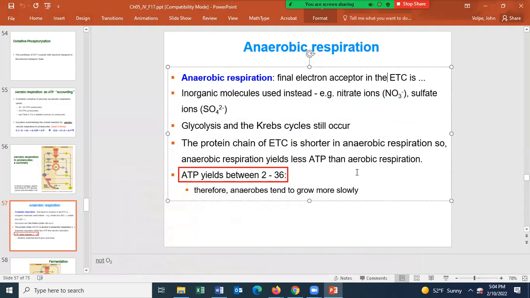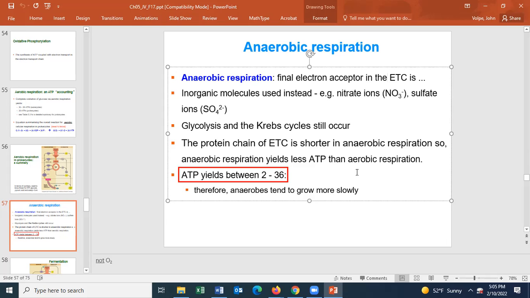So last time we talked briefly about anaerobic respiration, saying that it's similar to aerobic respiration. However, instead of the final electron acceptor being oxygen, it's some other molecule other than oxygen.